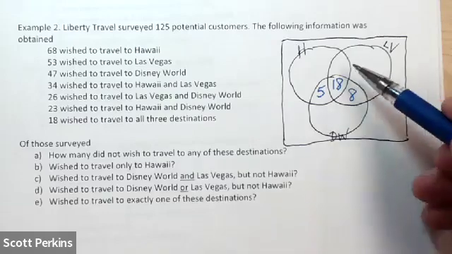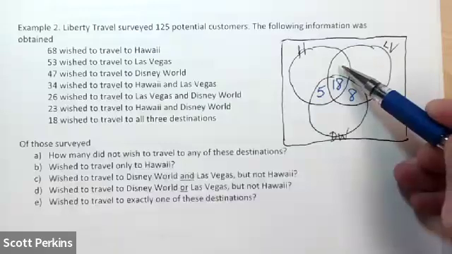And what did you write in this part of the Hawaii and Las Vegas bubble here? Where'd you get the 16 from?